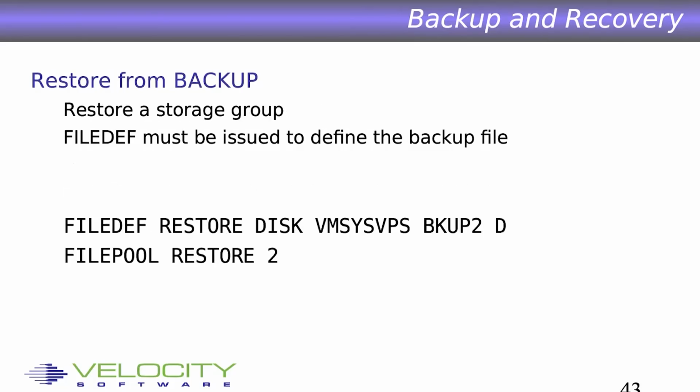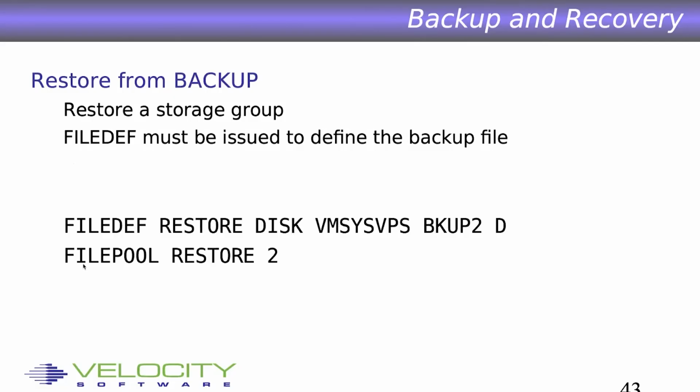To restore from a backup, this restores a storage group. A FILEDEF must be issued to define the file that contains the backup. And in this case, the FILEDEF points to a restore file on disk, and it's the same file name that we backed up previously.